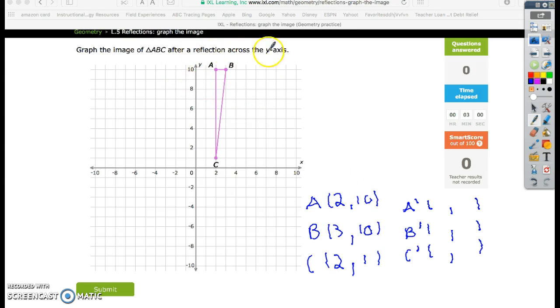So when I'm reflecting across the y-axis, I change the x value. So instead of 2, I'm going to have negative 2. And I keep my y value the same. So instead of 3, the opposite would be negative 3. And instead of 2, I'm going to have negative 2.